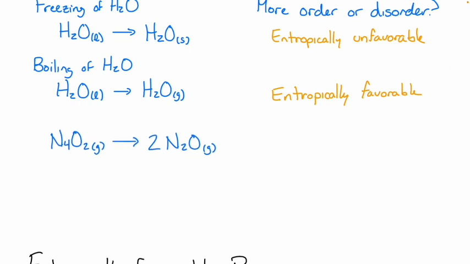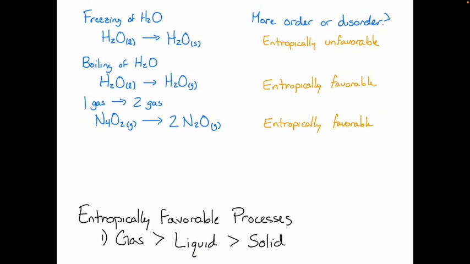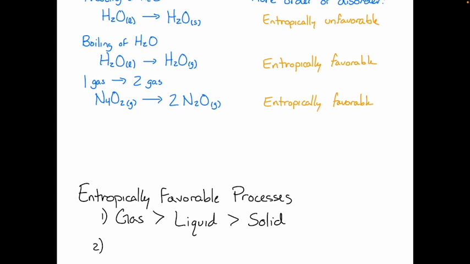All right, so if we think about this here, we are going from one gas molecule to two gas molecules. Which one is going to be a more disordered state, having more or fewer molecules in there? More. So this would be entropically favorable. All right, so another important factor here is that more particles is inherently more disordered.